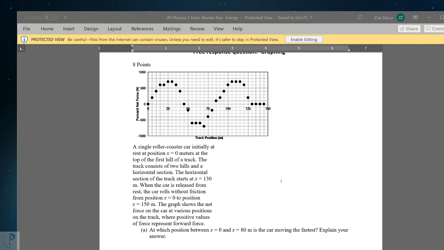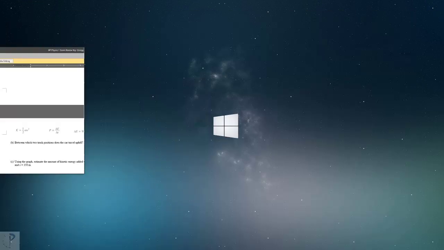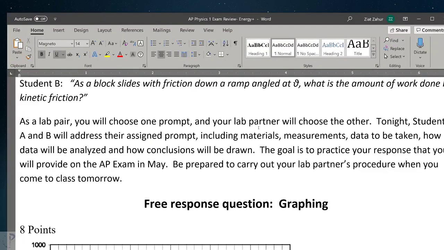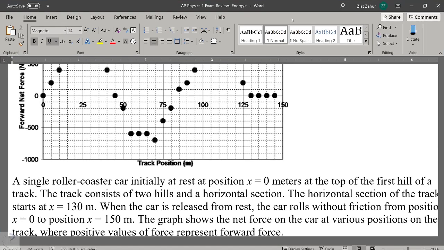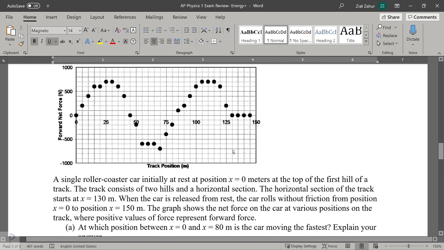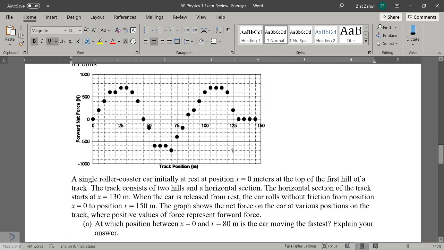It says a single roller coaster car initially at rest at position x0 at the top of the first hill of a track is at rest. The track consists of 2 hills and a horizontal section.